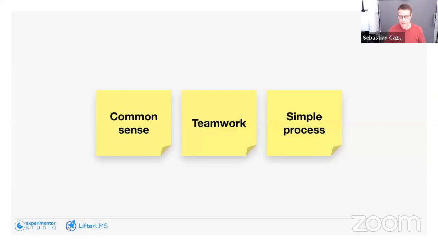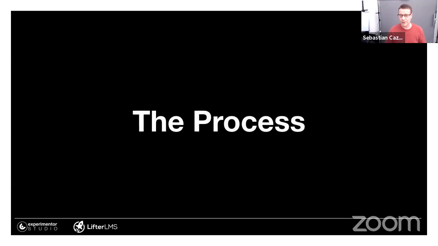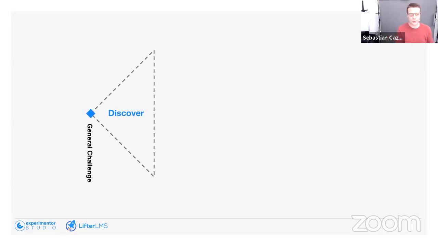Like I said, common sense, teamwork, and a simple process, but let's get into each of these three components. The process, I'm going to start with the last one because it's the most important component. So the process starts with what we call discover. Discover means we are broadening our understanding about the learning challenge that we need to address.